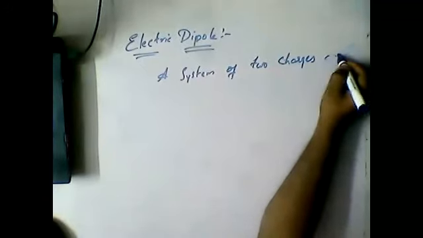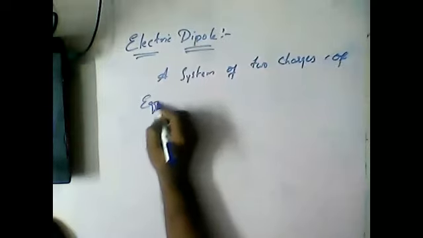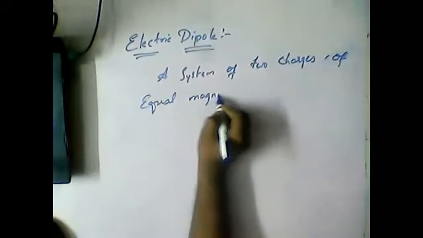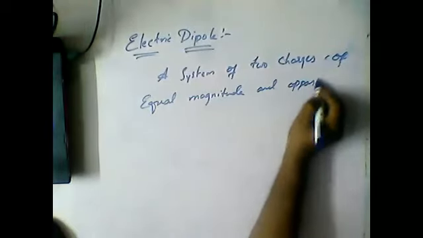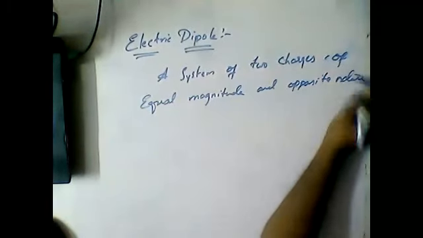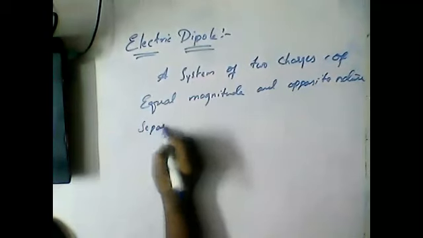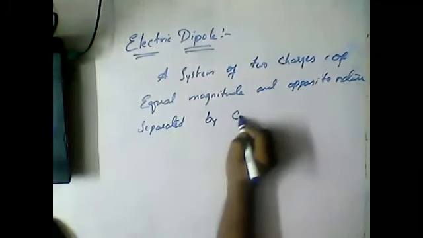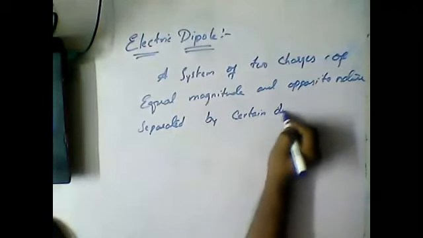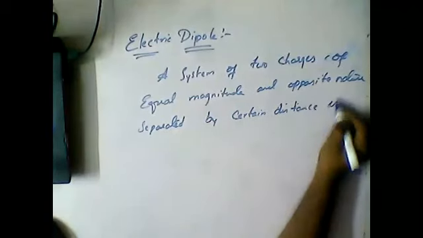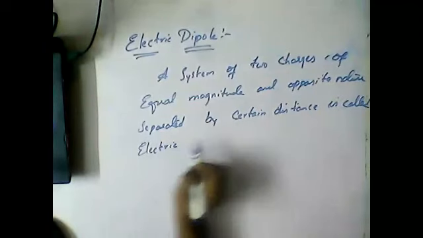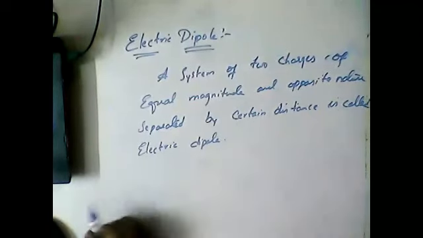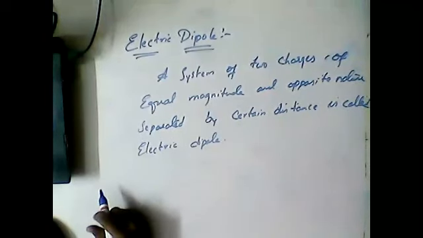A system of two charges of equal magnitude and opposite nature separated by a certain distance is called an electric dipole.